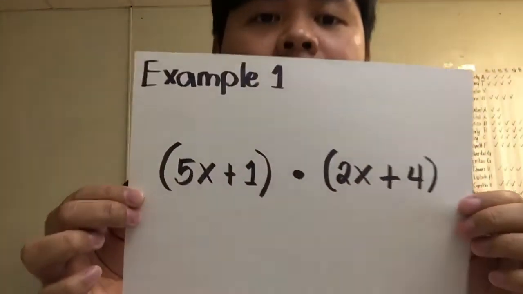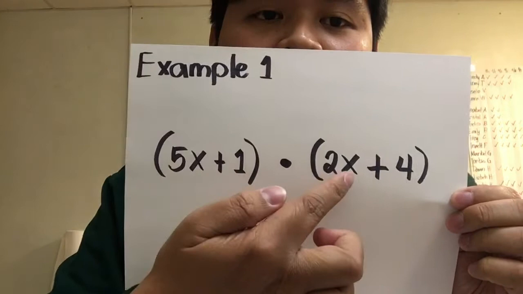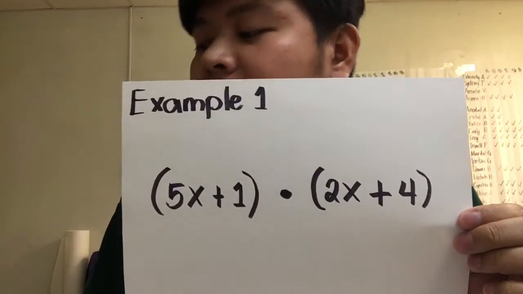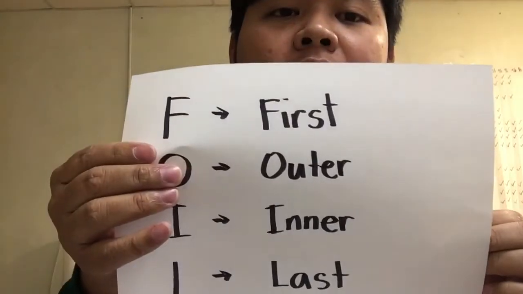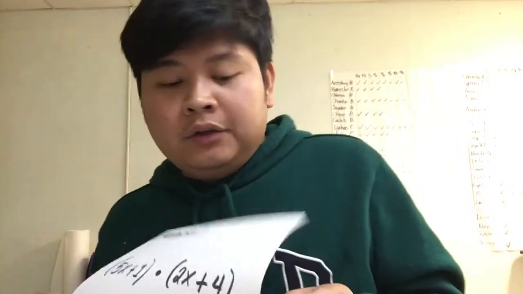For example, we have (5x plus 1)(2x plus 4). In our FOIL method, we first multiply our first terms.